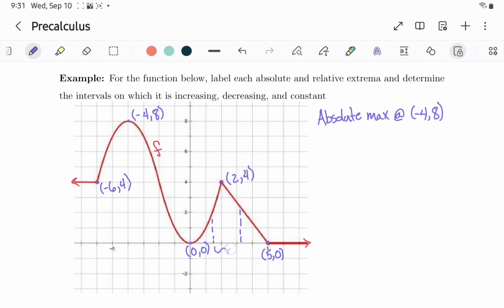Like this could be our interval I. And on I, f of 2 is greater than or equal to f of x for all x in I. So we have a relative max at 2, 4.